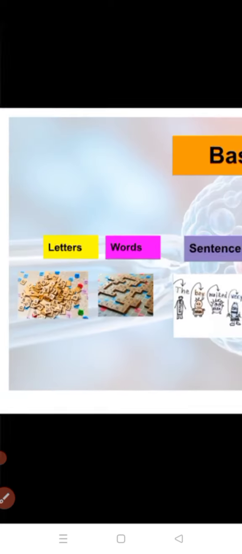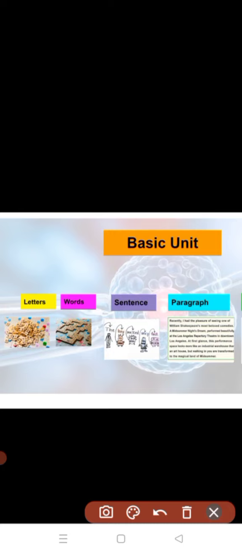If we start from the very basic thing, letters are the basic unit. Many letters come together to make words. Many words come together, compiled in a proper manner, to make a sentence. Many sentences come together to form a paragraph, and many paragraphs make a chapter, and it makes one book. So this is the flow chart depicting the structural organization of a book.